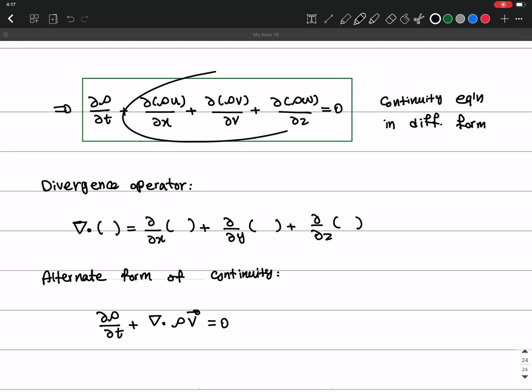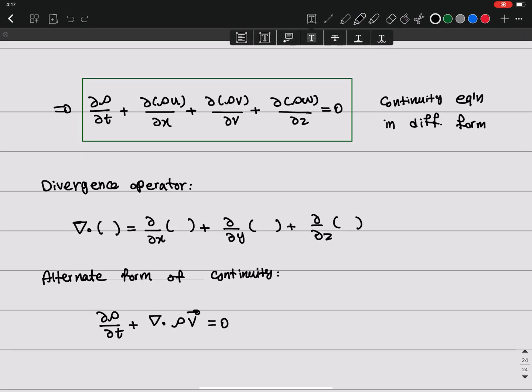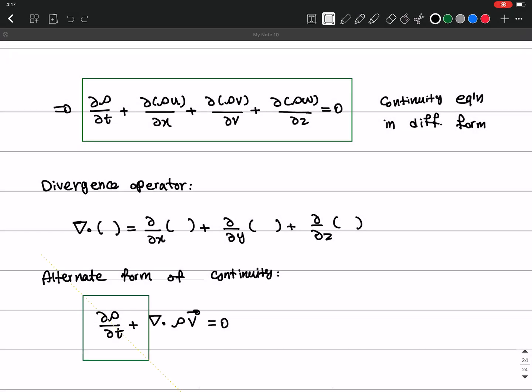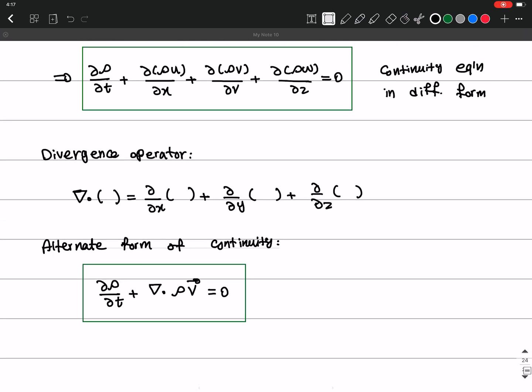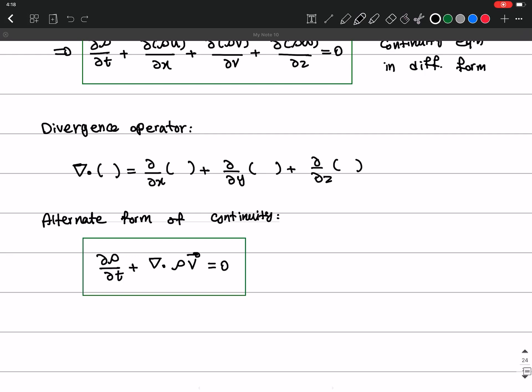So if you calculate it, it's going to be the divergence of this vector. So this is the alternate form of that, and it's a simpler form to remember, right? Because if you know the divergence operator, it's going to be something like this, and then this is the partial over partial t of density.